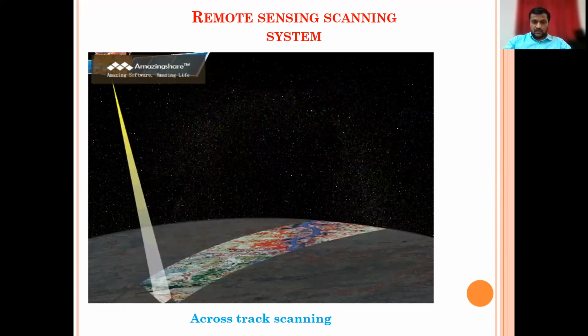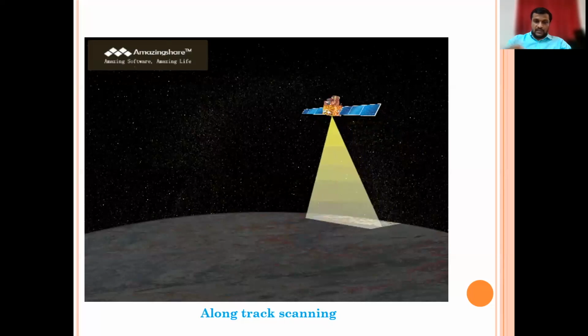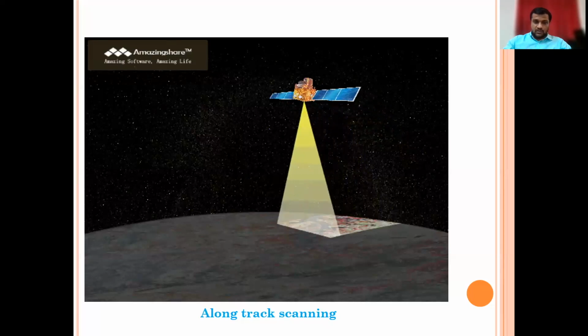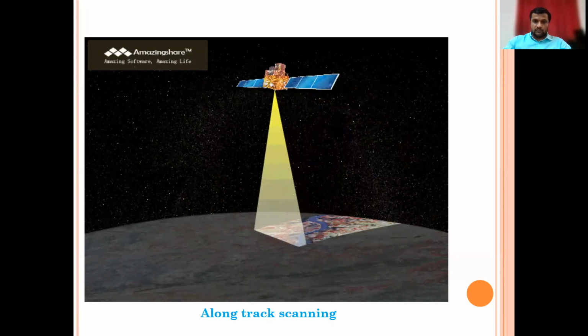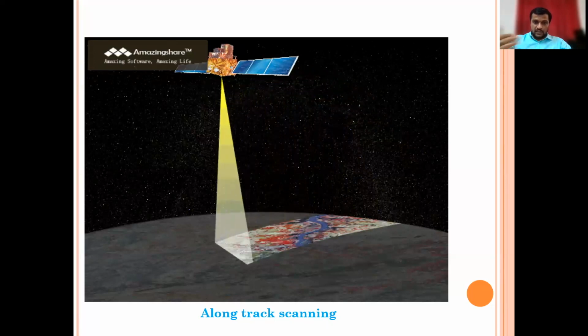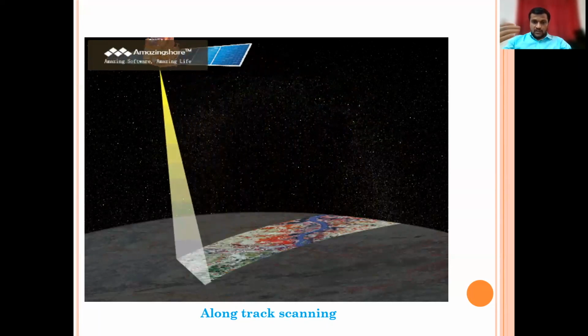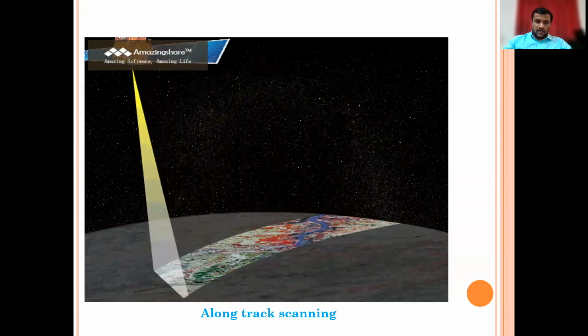In along track scanning, the sensor captures information on the Earth surface in the forward motion of the satellite. The satellite moves in the forward direction, and at the same time it is capturing images over the Earth surface. That we call along track scanning.